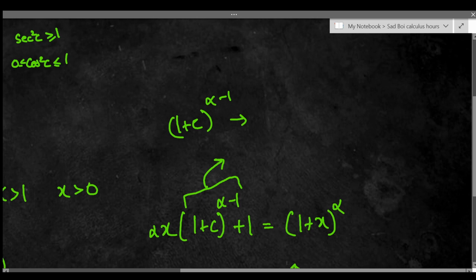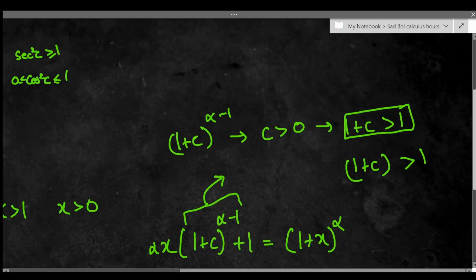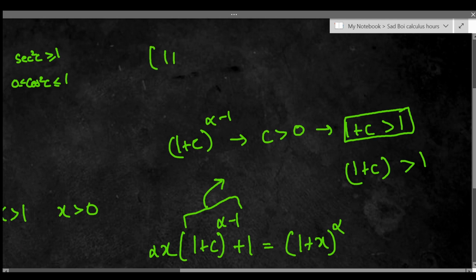So 1 plus c is always greater than 1, and when it's raised to a power that is greater than 0, it always results in something greater than 1. So (1 plus c)^(alpha minus 1) is greater than 1. So let's make this the subject in this equation, and we're going to substitute the greater than 1 over here, and that should hopefully end up giving our result.